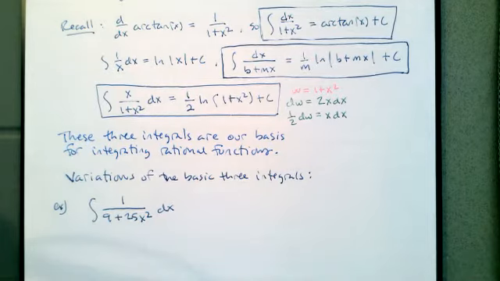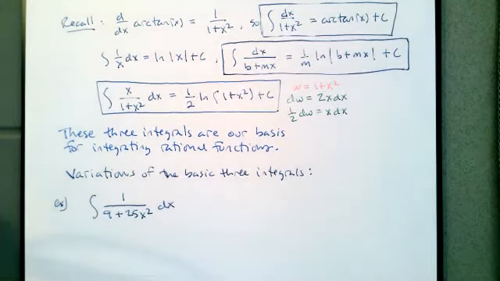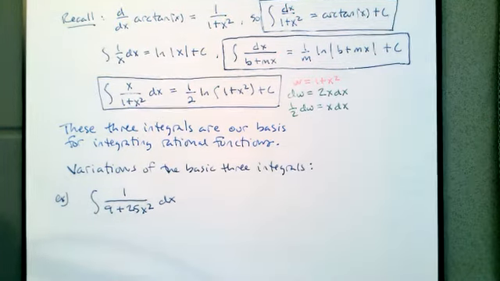So let's see this in action. Let's start building the experience so that it becomes a memory. We know that this is going to be a trigonometric substitution problem. Even though there's not a square root, we've got this a squared plus x squared business going on. And so that says we can do a trigonometric substitution. We've got to figure out what our substitution is going to be.